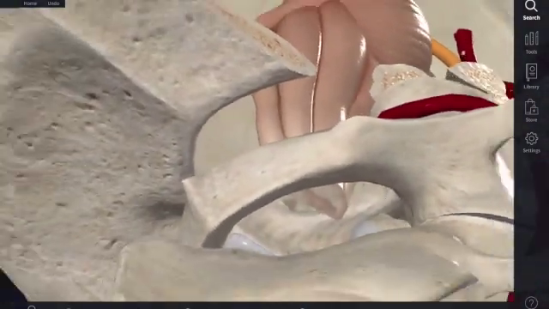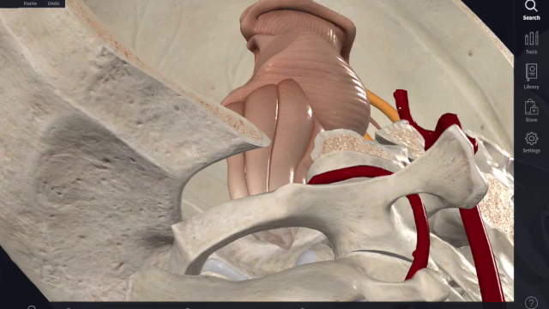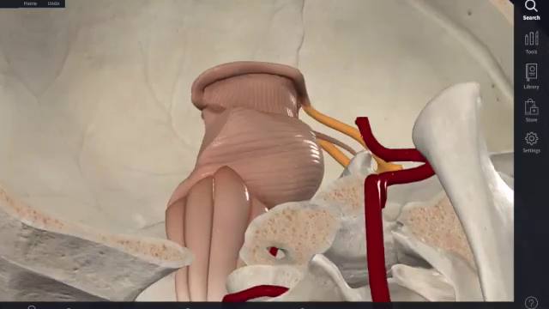And we did say that your brainstem includes these three right here.